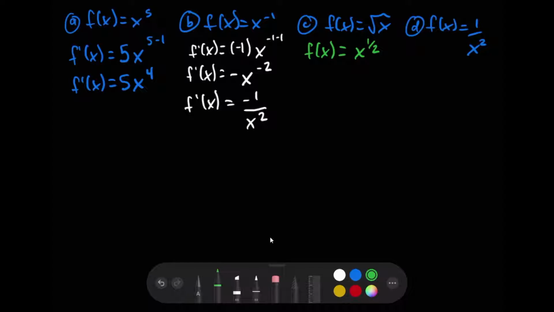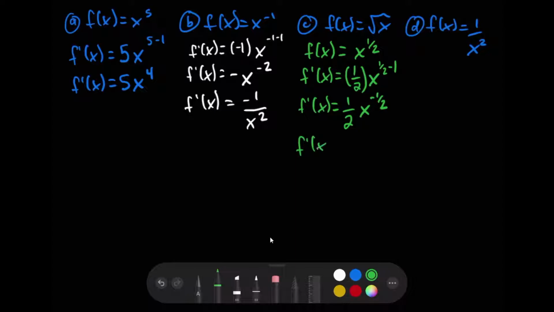Let's go ahead and use our power rule to differentiate. f prime of x equals, let's bring that exponent to the front as a constant. My variable is unchanged, and my exponent's going to be half minus 1. So I can rewrite this as f prime of x equals half x, and half minus 1 is -1/2.